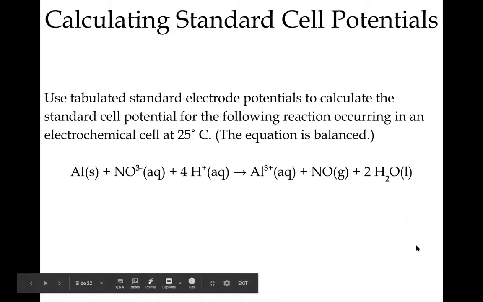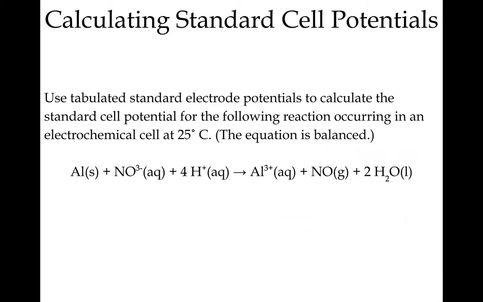So try that, okay? What you're going to do for this reaction here is use that chart in OpenStax, I think table 16.2. And if some of them are missing, look them up in the other tables that I included in this slide deck and see if you can figure this out.